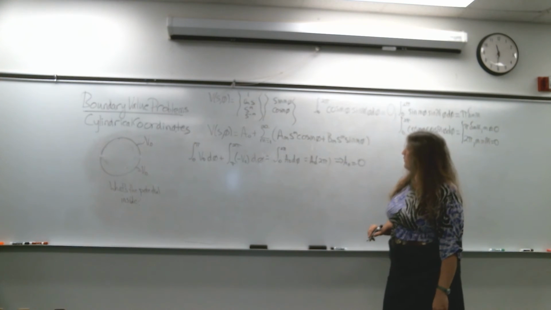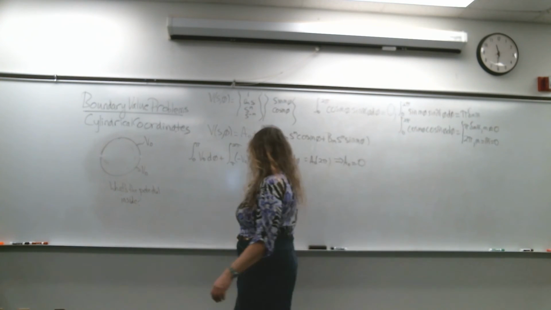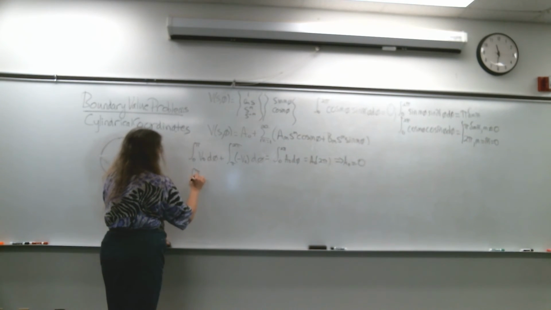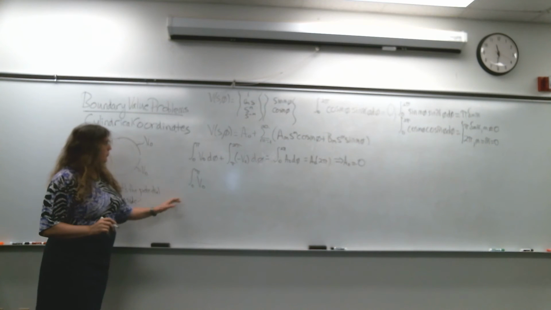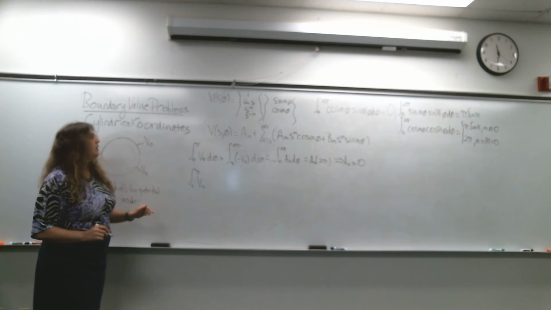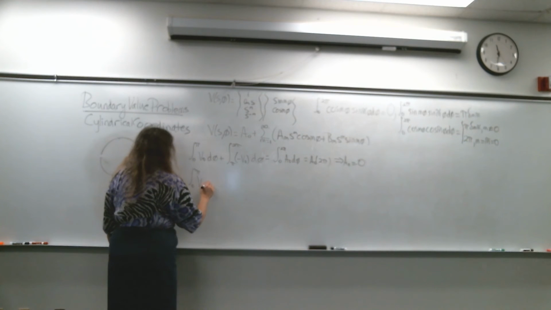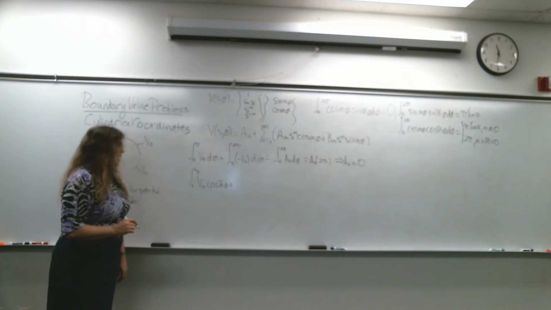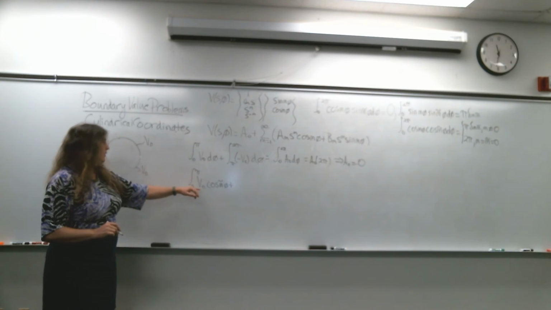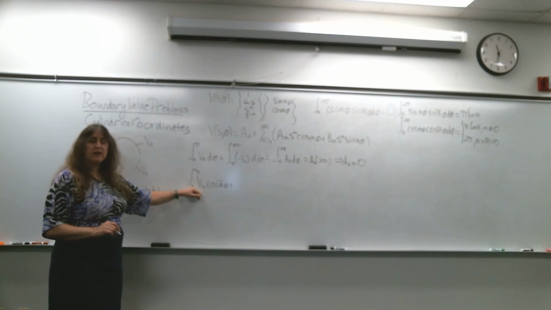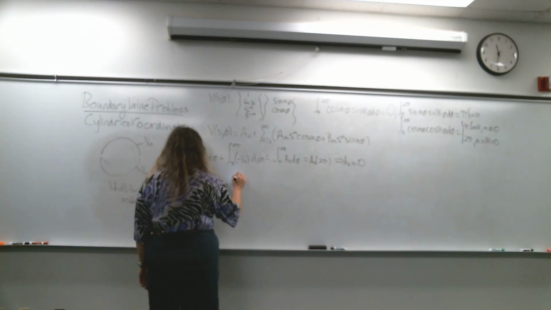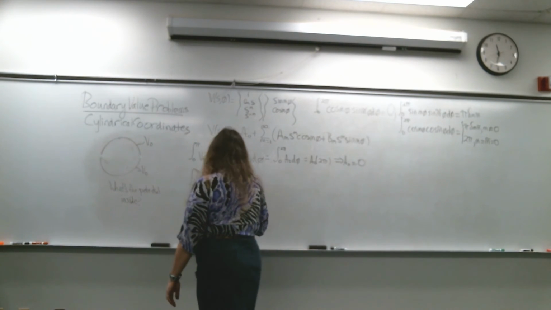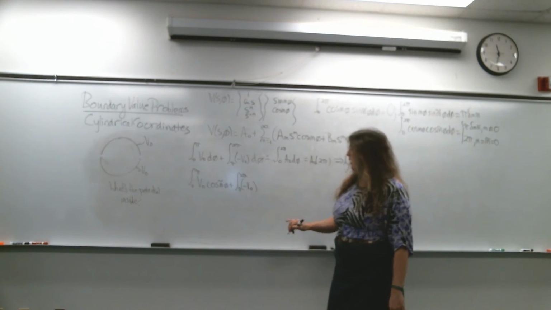How about the cosine n tilde phi terms? Let's look at those. I multiply my equation through by cosine n tilde phi, and I'm going to integrate from 0 to 2 pi. The surface of the pipe has value V naught from 0 to pi, and has value minus V naught going from pi to 2 pi.